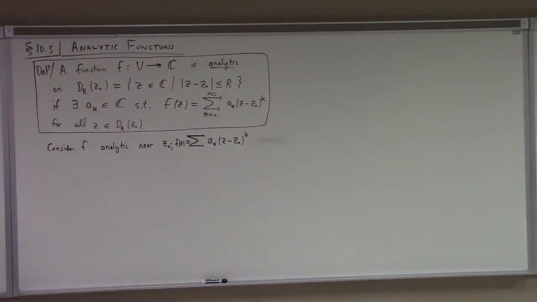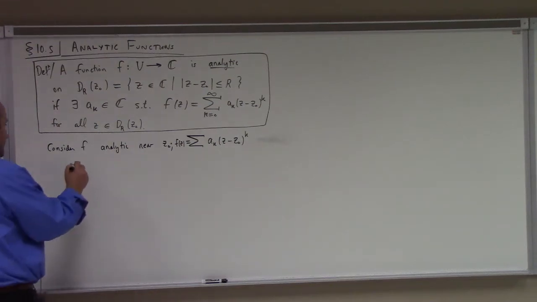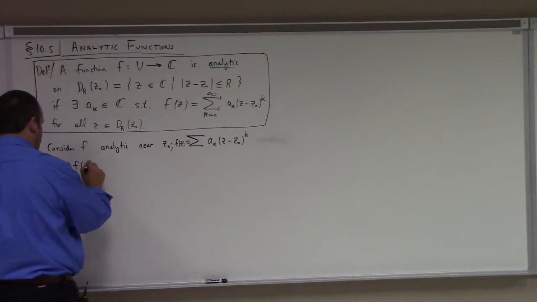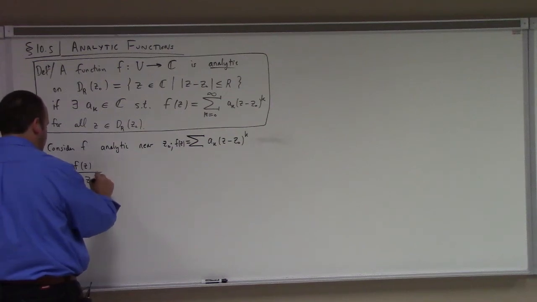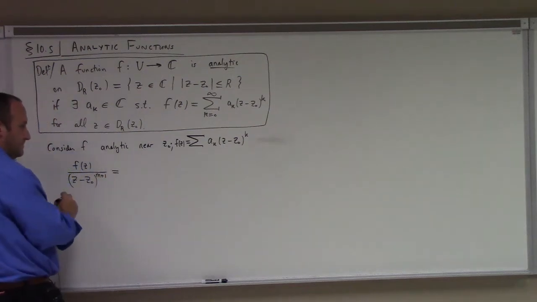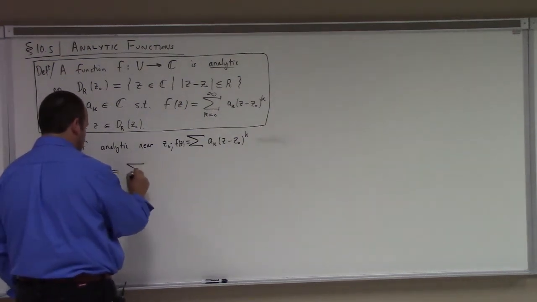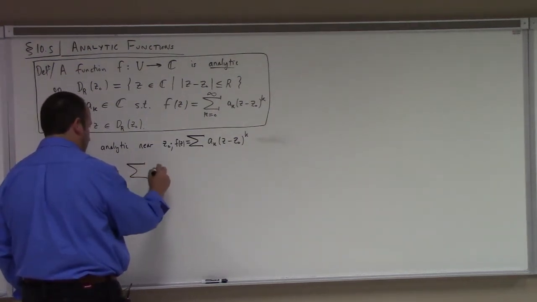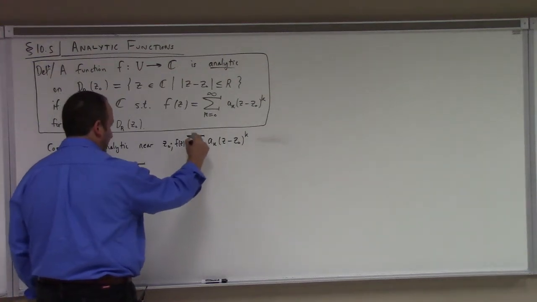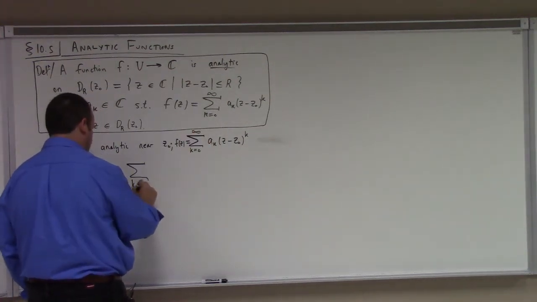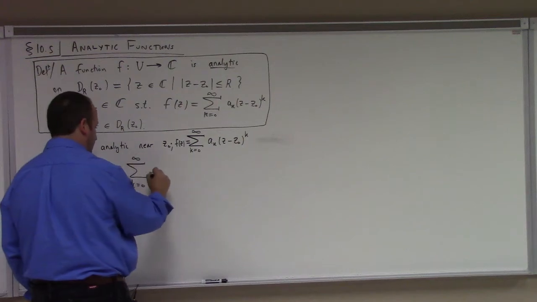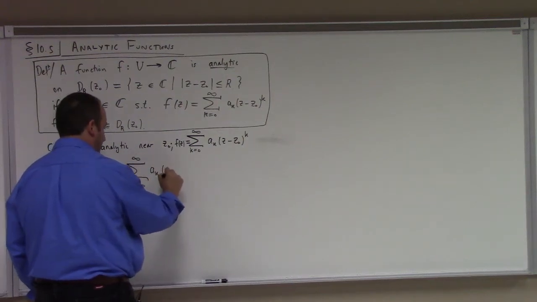All right, so f being analytic means I've got a power series expansion for it. What would happen if we look at f of z divided by z minus z naught to the, let's say, m plus 1 power? What would that give us? I think you can see that that would give us the sum from k equals 0 to infinity of a sub k times z minus z naught to the what?